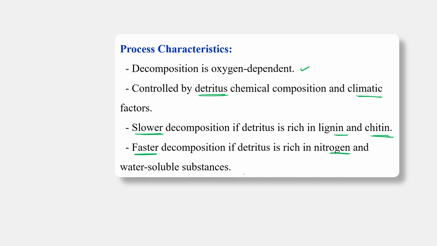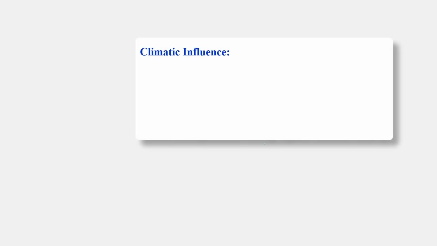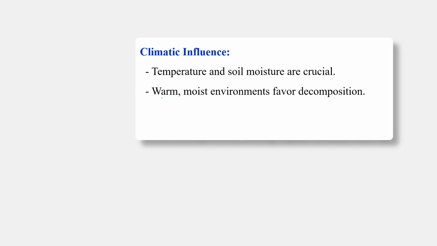Climatic factors like temperature and soil moisture are crucial, because most of the organisms, mainly fungus, are active in warm and moist environments. If a warm and moist environment is there, then fungal strains are more active and they start their decomposition activity in a faster way.